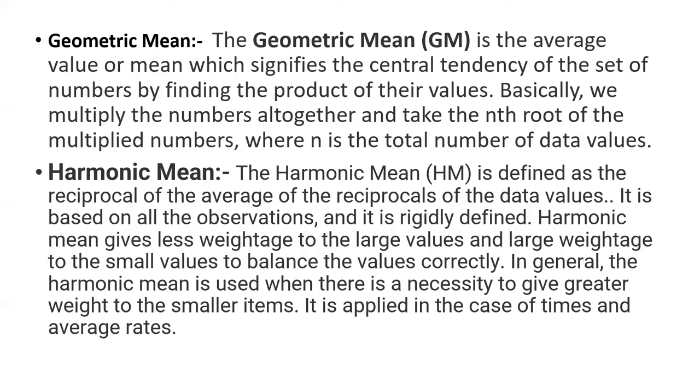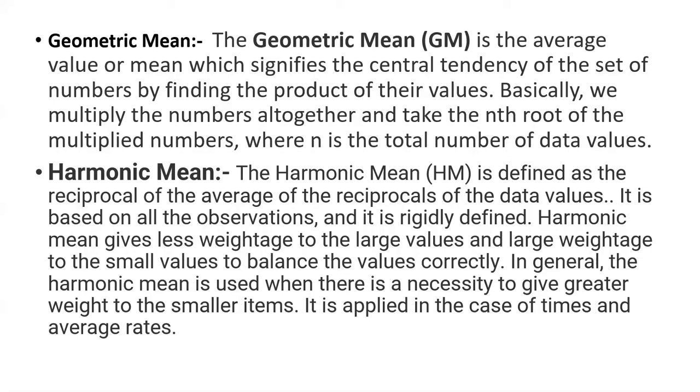We are doing the same thing as in the mean, but finding the average using the root sign. N is the total number of observations, and we multiply all the numbers in the data set. I hope this is clear, this is the geometric mean.